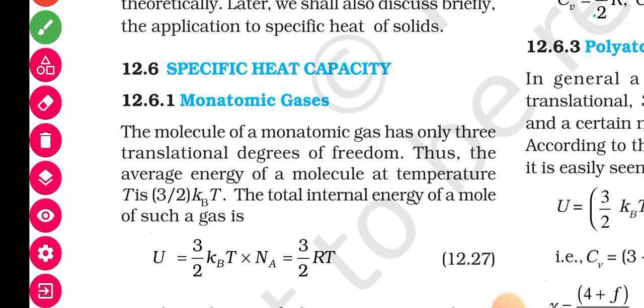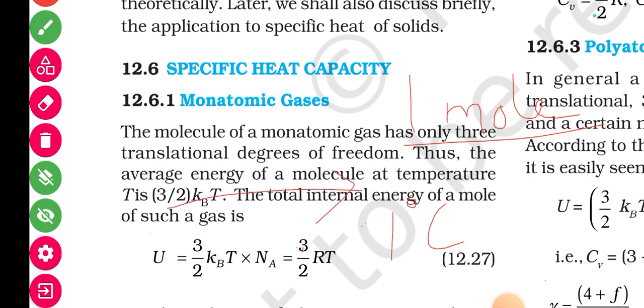First of all, I'll just recall what specific heat capacity is. If I say molar specific heat capacity, it is for 1 mole of a gas. If I have 1 mole of a gas and I have to raise its temperature by 1 degree Celsius, I have to supply heat.